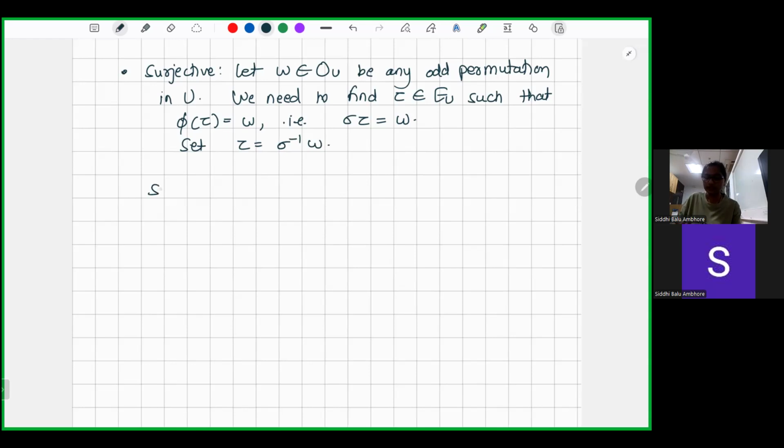Then note that since omega belongs to OU, it is an odd permutation. And sigma also belongs to OU, therefore it is an odd permutation.